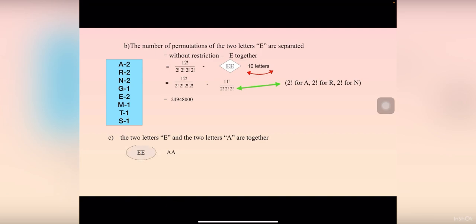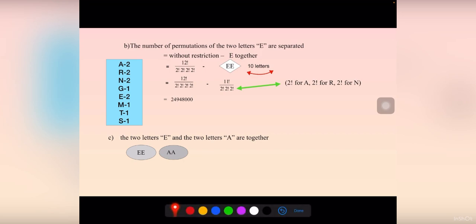What are those letters that are not blocked yet? 8 letters, because you want E and A together. But inside these 8 letters, we still have repeating identical objects: 2 R and 2 N. So how many objects do we have to arrange?